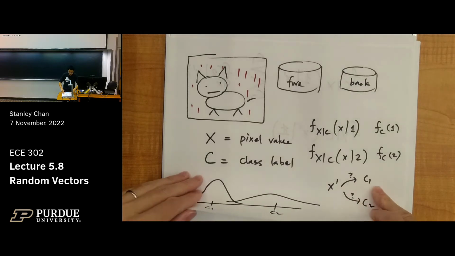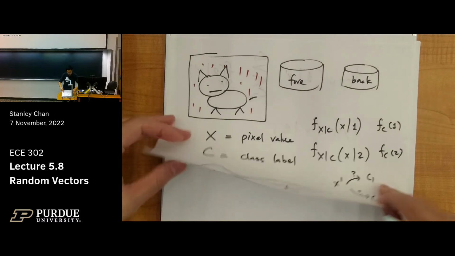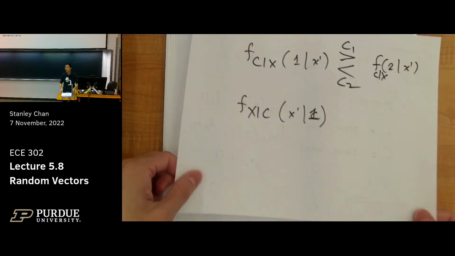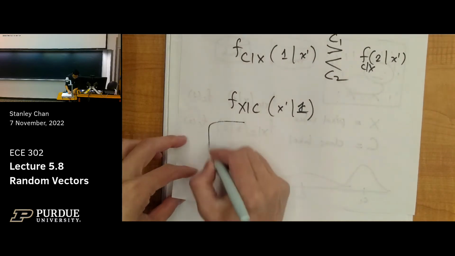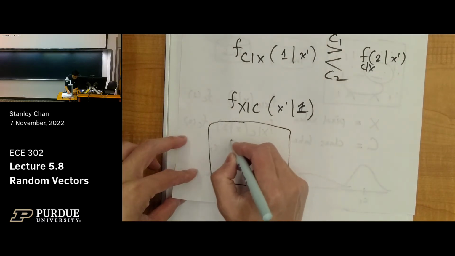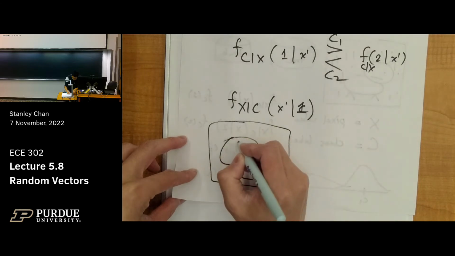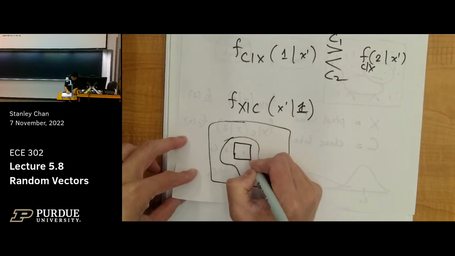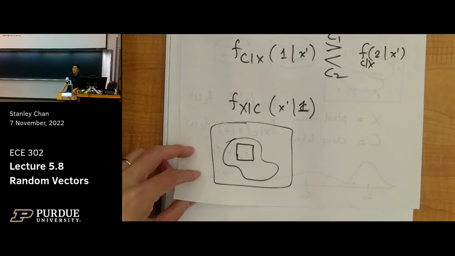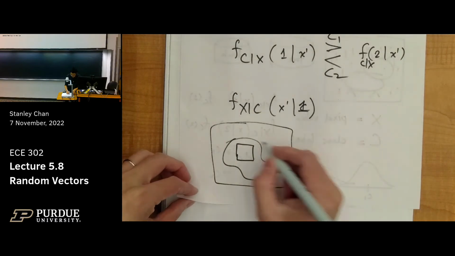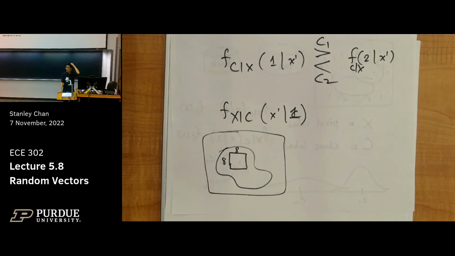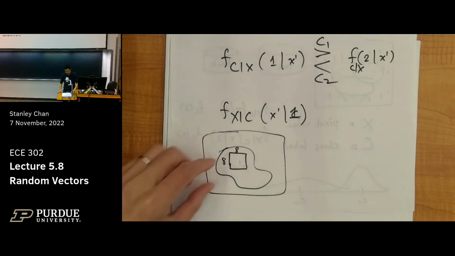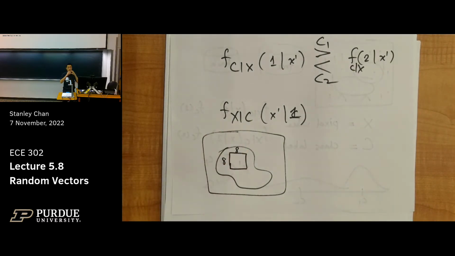So what we do in image processing and computer vision is that we never consider just one pixel. When you have an image, we always look at a local neighborhood. A neighborhood can be an A by A, in our homework, A by A. You look at this A by A, we call it a patch, a small patch.